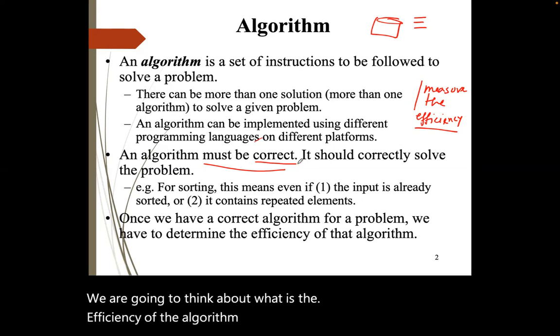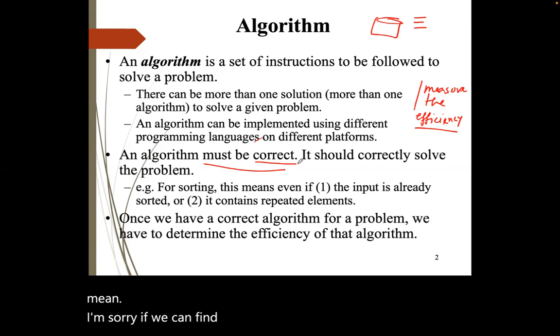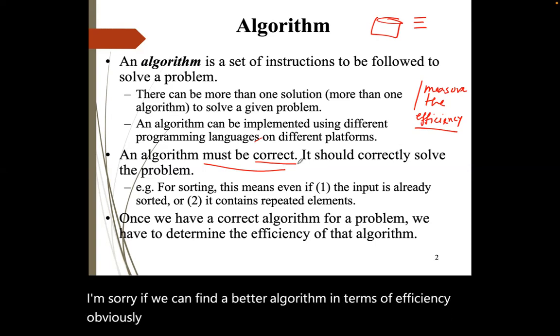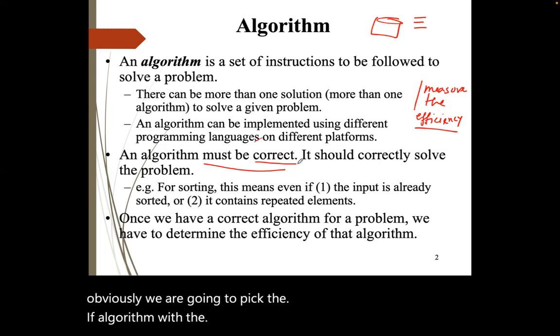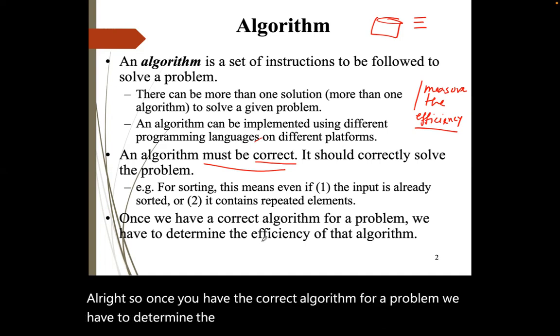And if we can find a better algorithm in terms of efficiency, obviously we are going to pick the algorithm with the better efficiency. All right. So once we have the correct algorithm for a problem, we have to determine the efficiency of the algorithm.